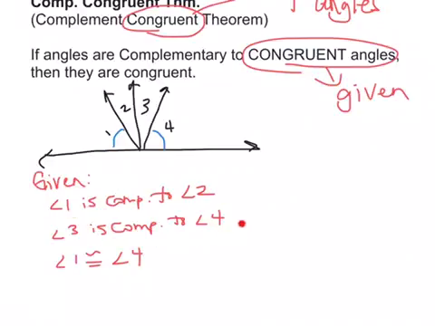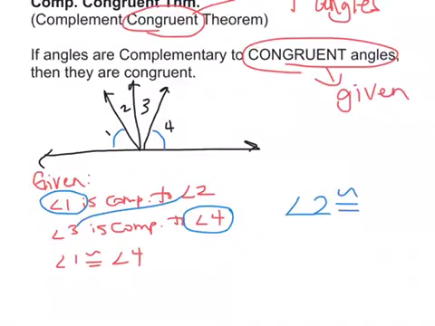Angle 3 and angle 4 are complementary. And also angle 1 is congruent to angle 4. So looking at all of this, angle 1 is congruent to angle 4. That means that the other 2 angles, angle 2, will be congruent to angle 3.